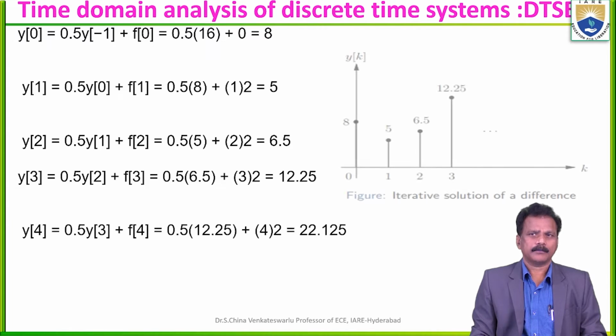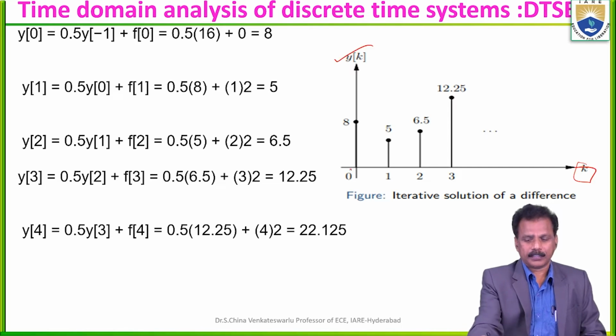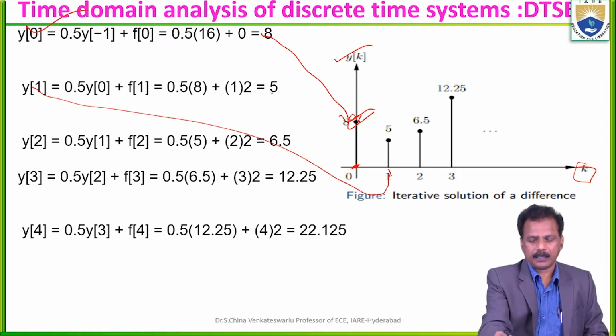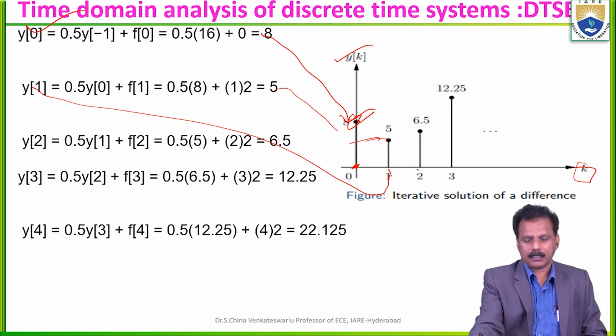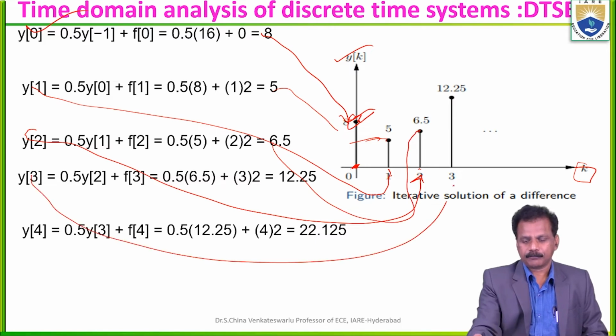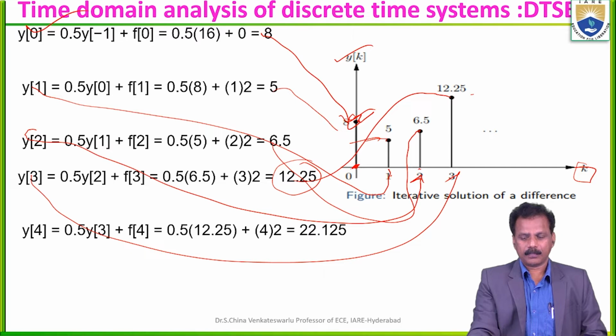So y of 0 is 8, then 5, 6.5, 12.25 and 22.125. Graphically, the iterative solution of the difference equation, k versus y of k, has k on the x-axis and y of k on the y-axis. Here y of 0 is 8, next y of 1 is 5, then y of 2, y of 3 which is 12.25, and y of 4 and so on.